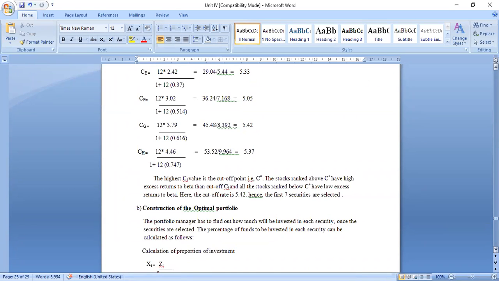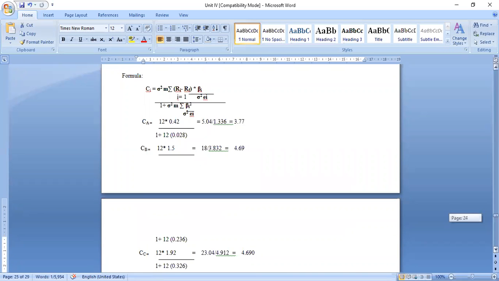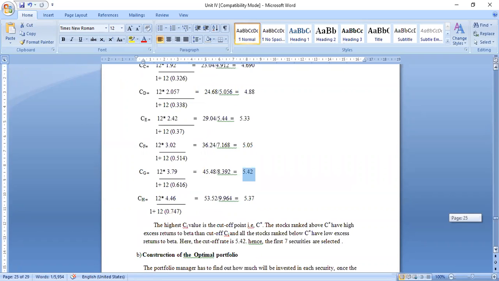Now for calculation of Sharpe's optimal portfolio without short sales, we have to calculate the cutoff rate, or what we call the C star. No doubt we have calculated the values of CI for all the securities, but we had to define a cutoff rate, and the cutoff rate is going to be the highest value of the CI which has been calculated based on the formula.